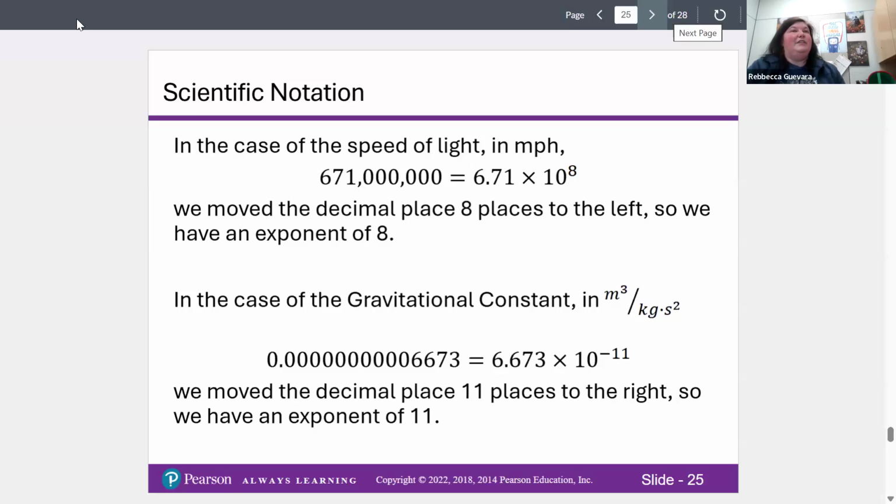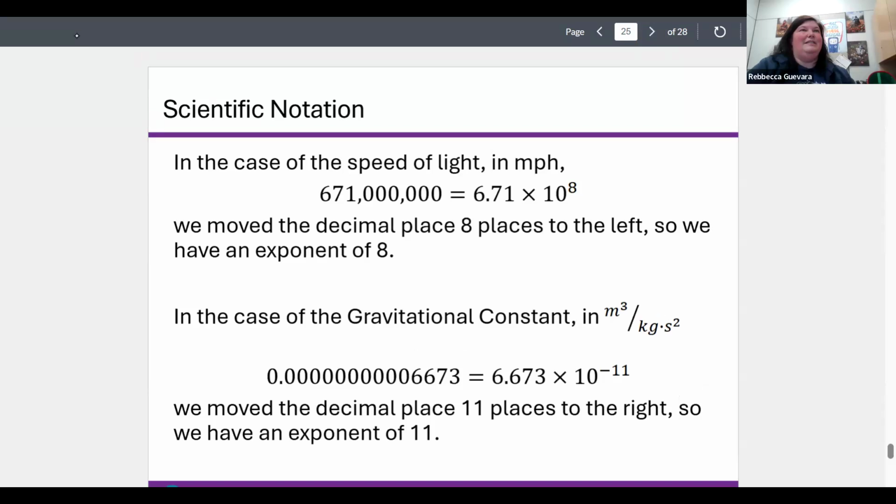So in the case of the speed of light, if we had that number 6.71 times 10 to the 8, we move the decimal place 8 places, so we'd have an exponent of 8. In the case of the gravitational constant, if I wanted to go backwards and write that, the decimal place went 1, 2, 3, 4, 5, 6, 7, 8.